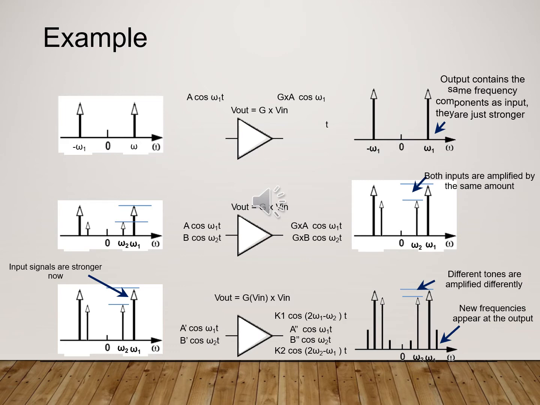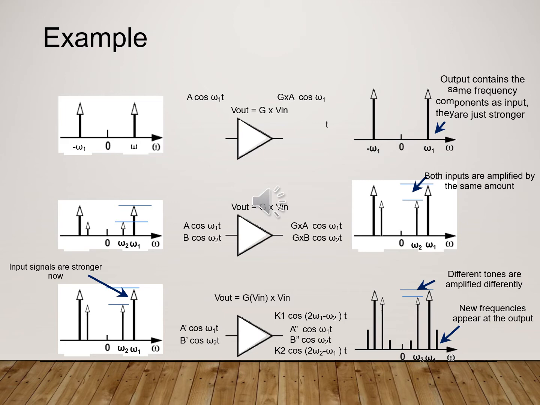So take the case when nonlinearity is applicable, like in the last figure, where you have A cosine omega 1 of t plus B cosine omega 2 of t as an input. The output is the gain multiplied with the input, but the gain in nonlinearity depends on the input.